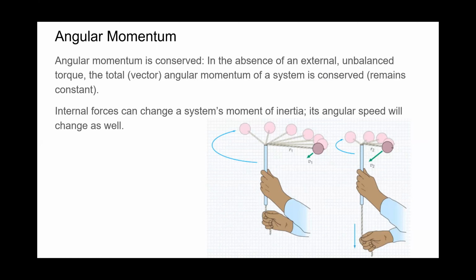When we come to angular momentum, it's conserved. In the absence of an external unbalanced torque, the total angular momentum of a system is conserved. The total angular momentum does not change. Internal forces can change a system's moment of inertia and also its angular speed.